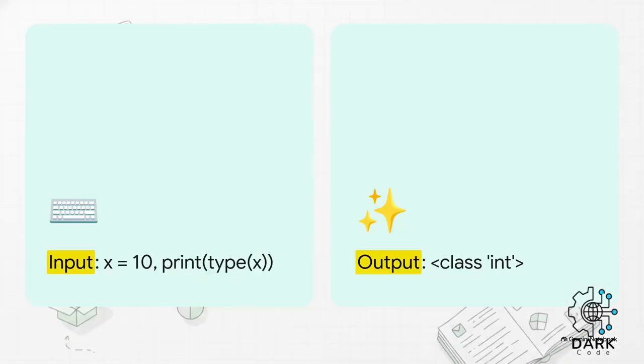And when we run those exact steps, we see exactly how Python processes this. We input x equals 10, and we ask for its type. The computer doesn't just blindly store the number 10. No, it recognizes the shape of the data. It sees that 10 is a whole number, and so it confidently reports back to us that it belongs to the int, or integer, class.